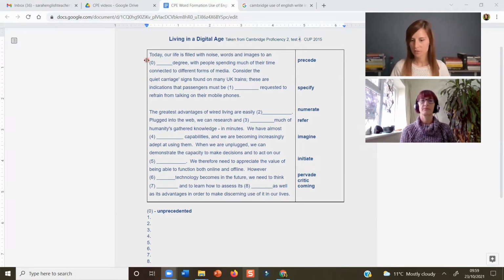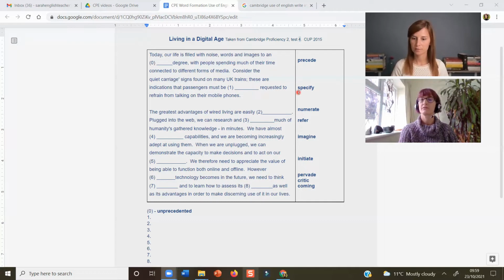I would skim it, reading for gist. And then what I did personally was to try to figure out which word I need to put in every single gap before reading the given words. So it sounds like you were doing a little bit of prediction by looking at the title, skimming for the overall content, and then predicting what would fit here, and then checking that against the word that Cambridge have given you.